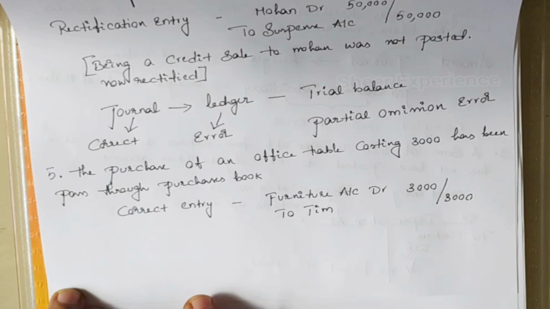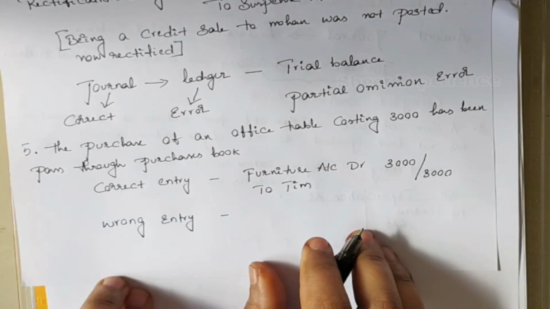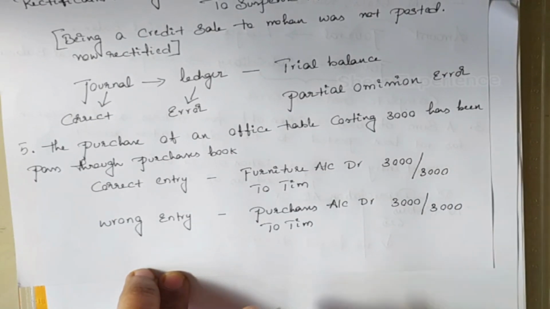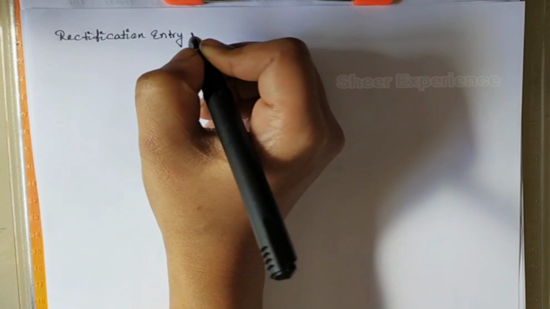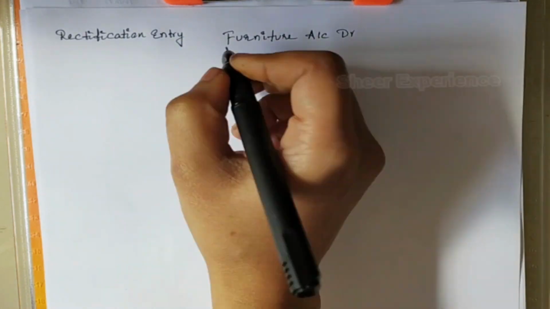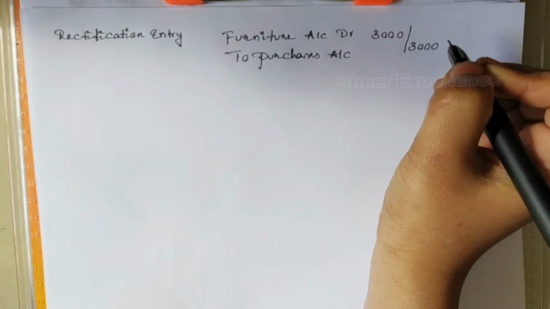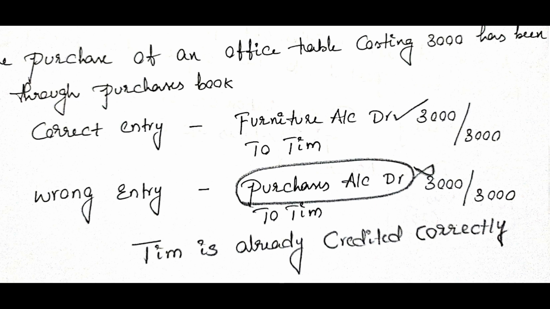We all know that whenever we purchase an asset on credit basis, we should not record that in purchases book. The wrong entry is purchase account debtor to Tim. Amount is 3,000. Now the rectification entry is furniture account debtor to purchase account. Amount is 3,000. Here we have credited purchases because purchases is the wrong account.